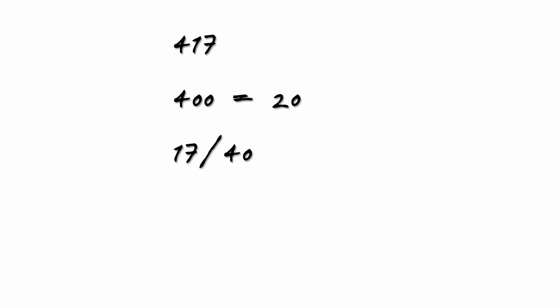Now the difference between 417 and 400 is 17, so we have 17 divided by 40, because 2 lots of the 20 is our 40. So our final answer is 20 and 17 40ths, which if we convert to a decimal, 17 40ths gives us 0.425. So our answer is 20.425, which you can see is very close to the calculator's answer of 20.421.